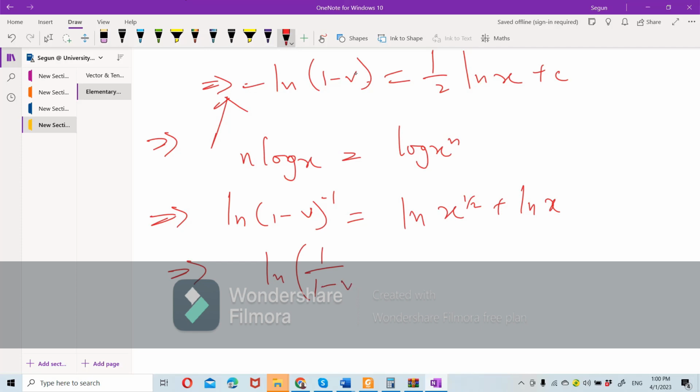So in this case now, we have ln 1 all over 1 minus v equals to ln square root of x plus ln c. Any question in this case?